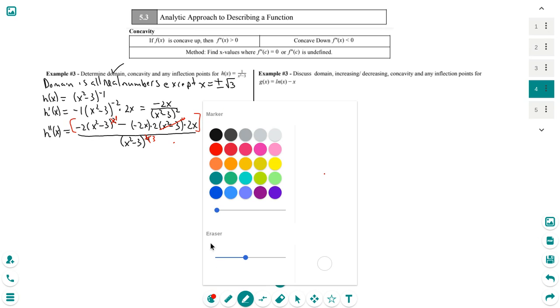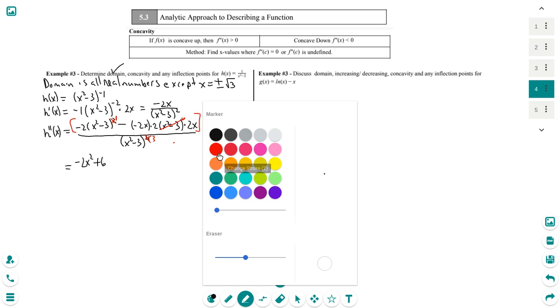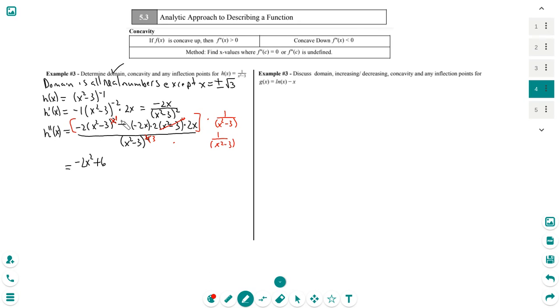It's convenient. And now I can just simplify the rest. So this is negative 2 times this quantity to the first power. That means I get to distribute it. So that's negative 2x squared, and then negative 2 times negative 3 is plus 6. All right, and then in this quantity, remember that this term is now gone. And not only that, I just noticed that I have this double negative, so this will be positive.